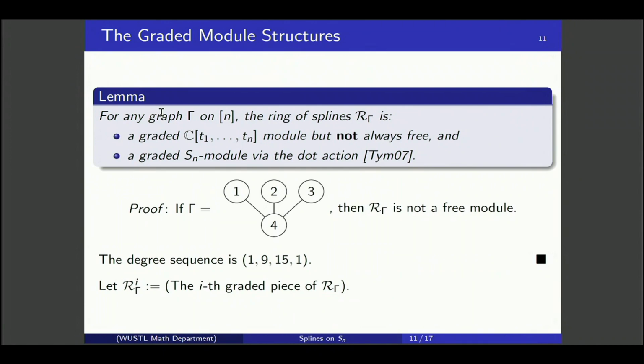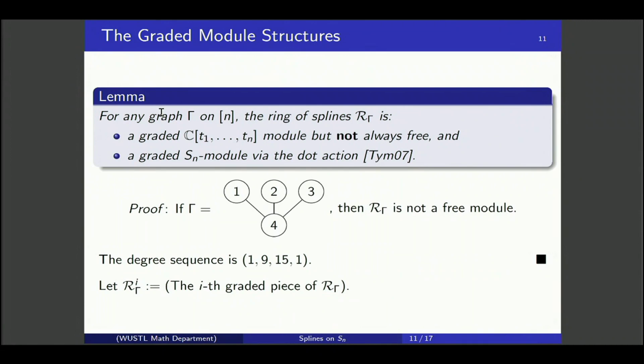If you take gamma that I had before, then R gamma is not a free module. And the degree sequence, how many generators I need in each degree to create a minimal generating set, is 1, 9, 15, 1.